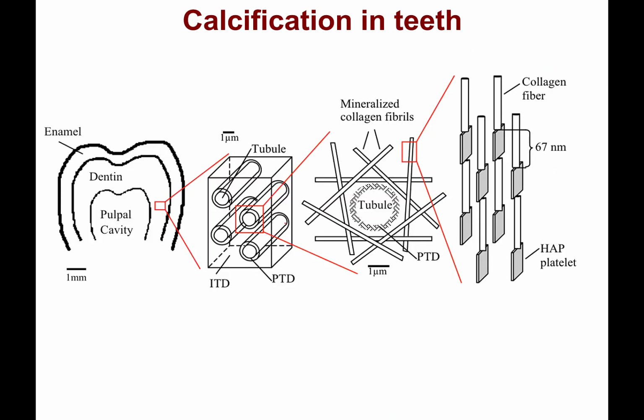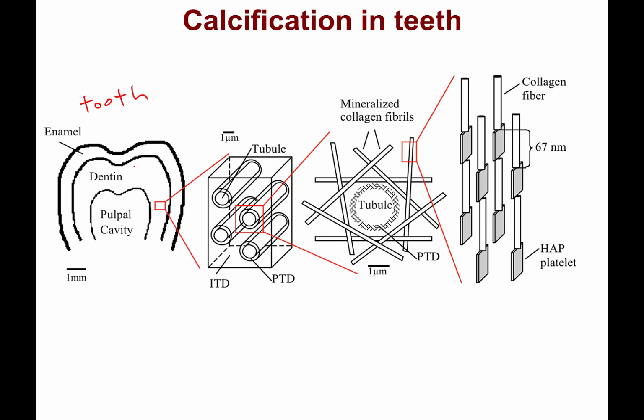This also happens in our teeth, of course. It looks a little bit different. So here we have a cross-section of a tooth over here. On the outside, we have enamel, which is really highly calcified. But on the inside, we have dentin, which is not as calcified as enamel. But anyhow, structurally, it's pretty similar to our bone.